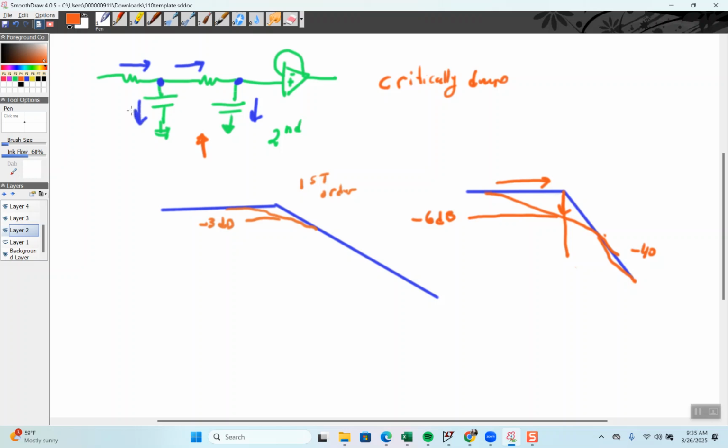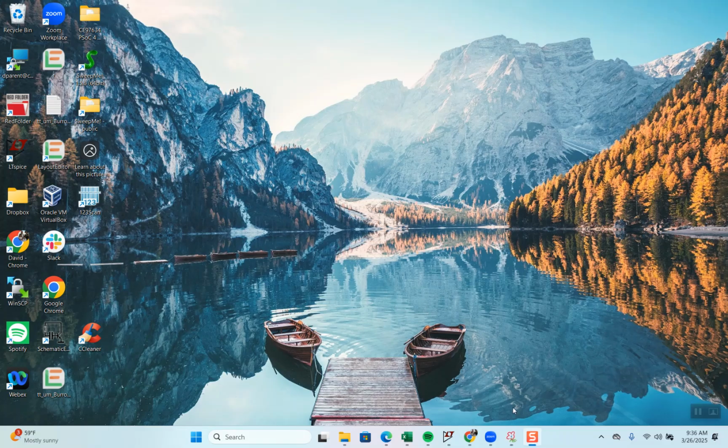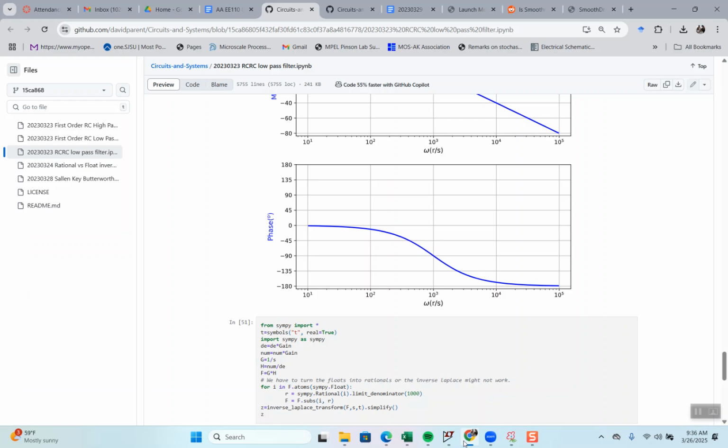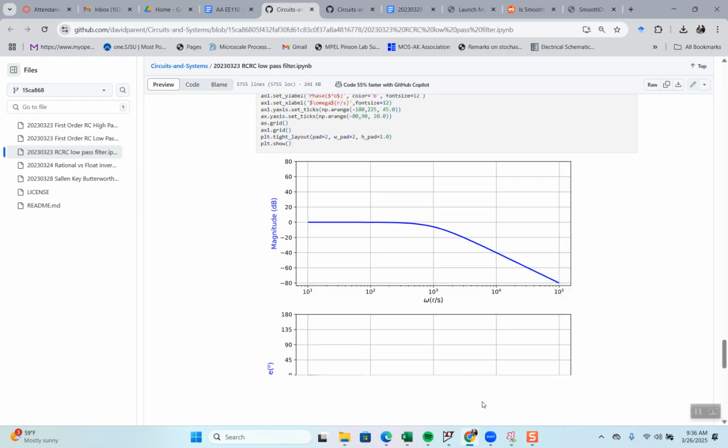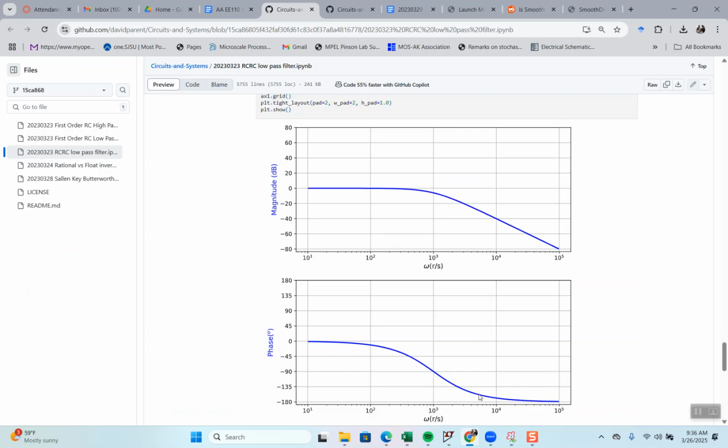All right. But the problem with this circuit is, and I am going to skip back to the math. What's the transfer function?